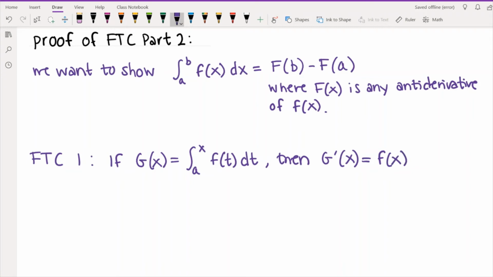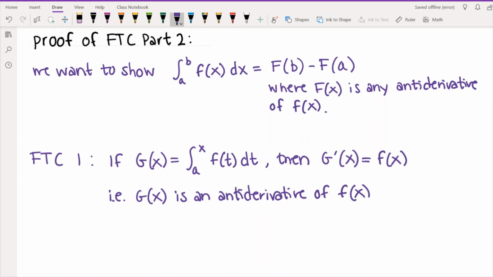It's equal to that function inside, just switching the t for an x. So another way of saying that would be that g of x is an antiderivative of f of x. Again, don't worry too much about this t and x thing. It doesn't really matter what variable we're using, but if you wanted to avoid the variable issue, you could just say g is an antiderivative of f.